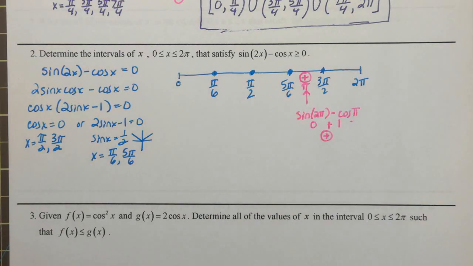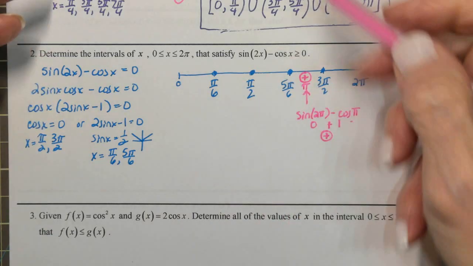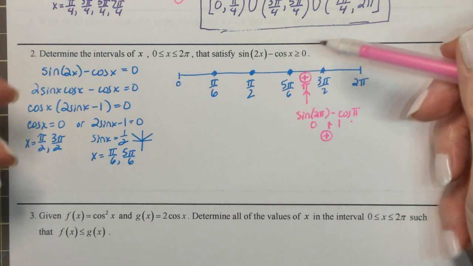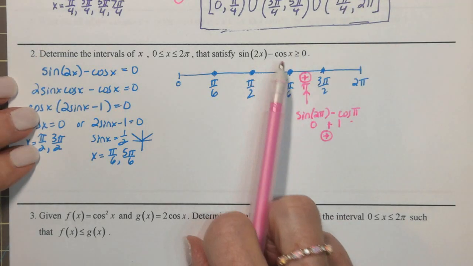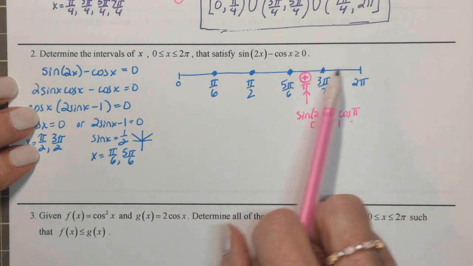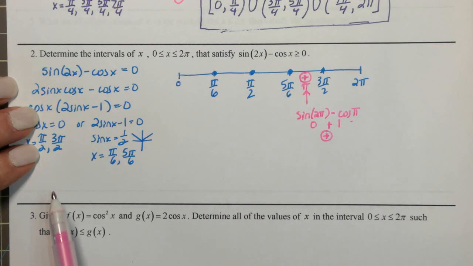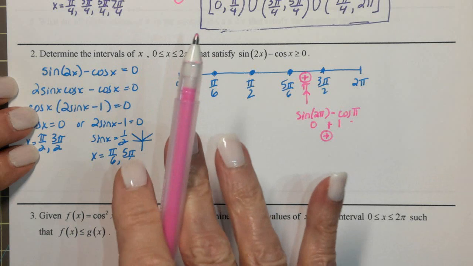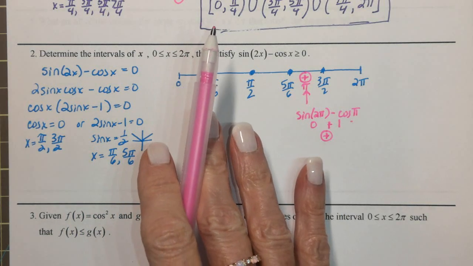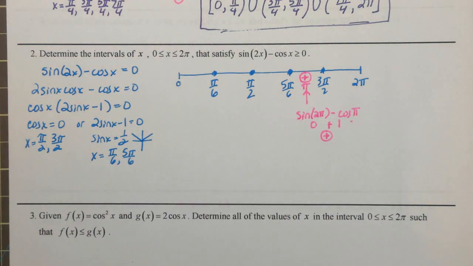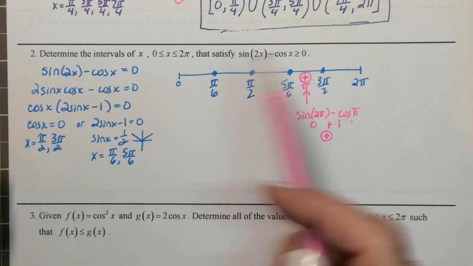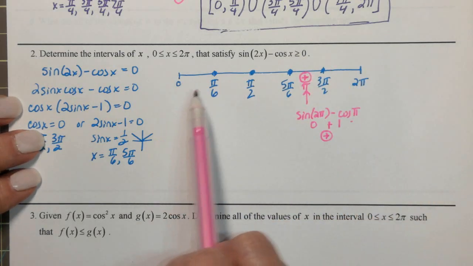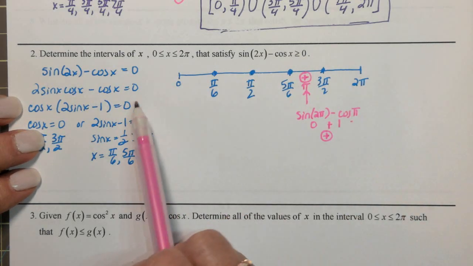And for our purposes, I have created these problems such that we will always alternate in sign on our number line, okay? With trig functions, it does not have to do that, but I've created ones that will. So I'm just telling you, since it's not on the AP exam, we're going to go light on this topic, and when we test all the other intervals, it will alternate signs.